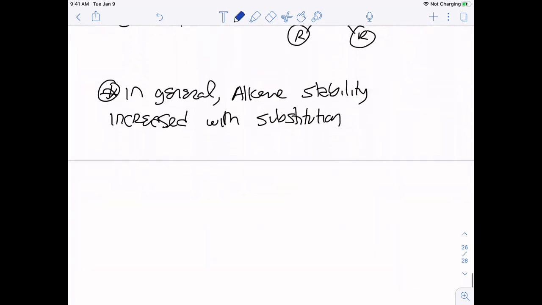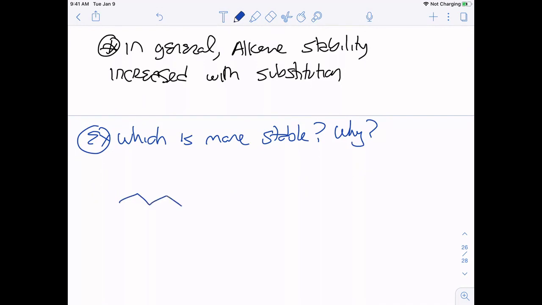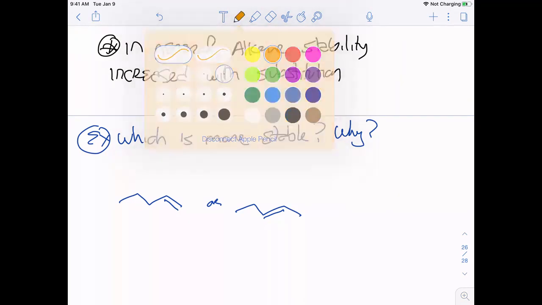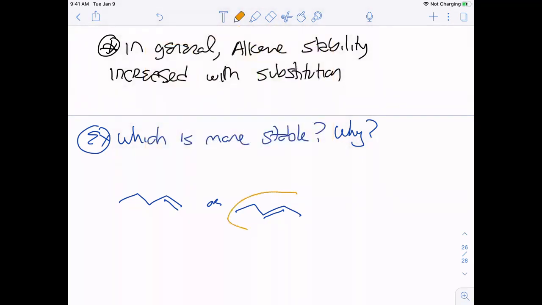So a quick example for us. I'm going to give us some pairs of alkenes, and we want to determine which in each pair is more stable. So the first one or the second one, which one is more stable? So hopefully you guys are thinking this one.